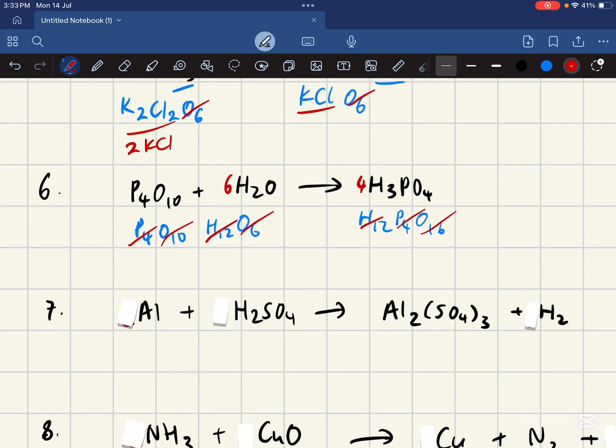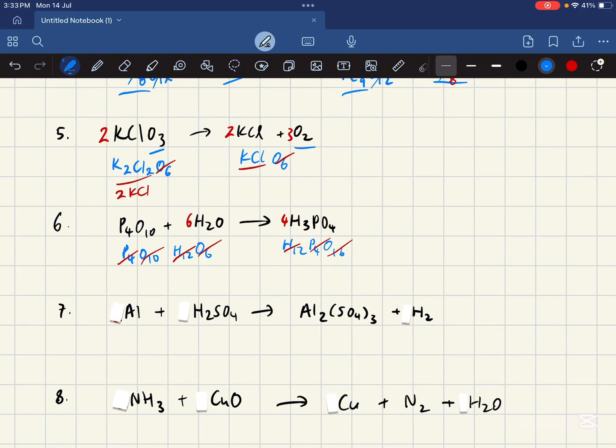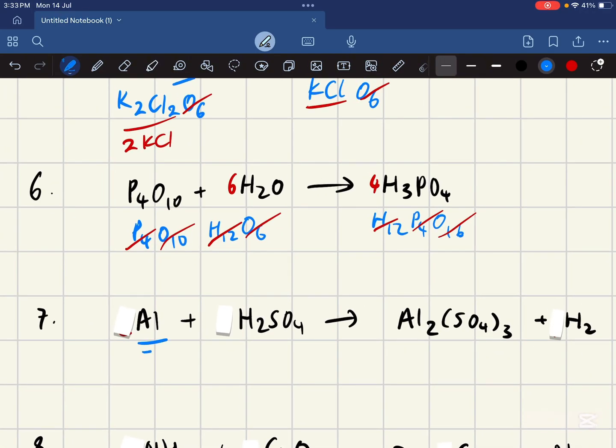The next one, let's see. Is there anything separated? Yes. The Als are separated. So the first thing I'm going to do is I'm going to double Al. And see if there's anything separated. Then next up we have the H2 separated.